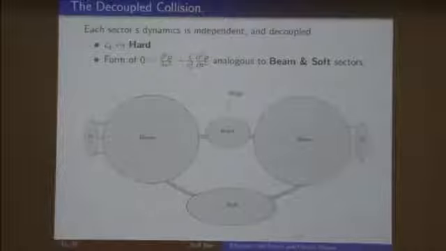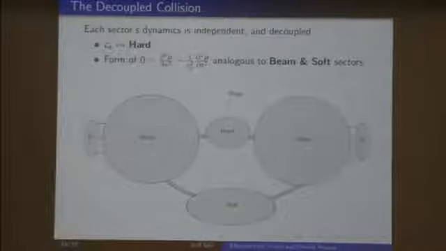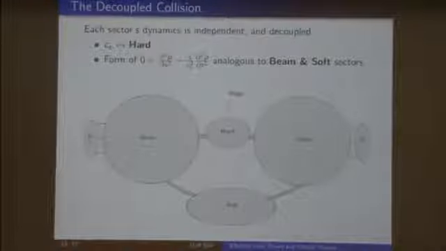And so in a very analogous way that the form of this wave equation is universal to all gases, these beam and soft sectors become universal to all collisions taking place at the LHC. And this is a very powerful fact, because it enables me to measure one process that has some hard interaction and use that measurement to inform a different process that I would like to make a prediction about.